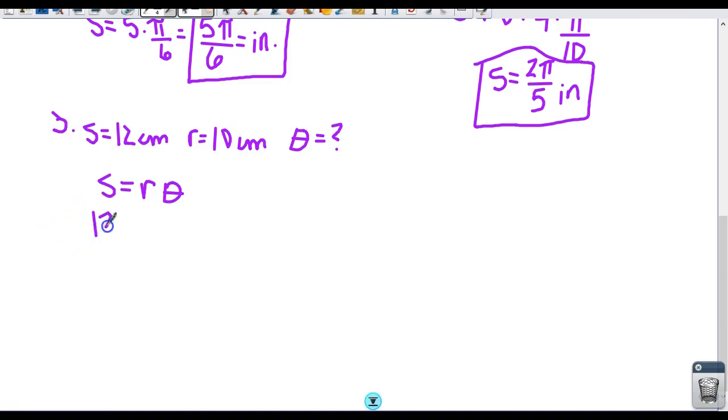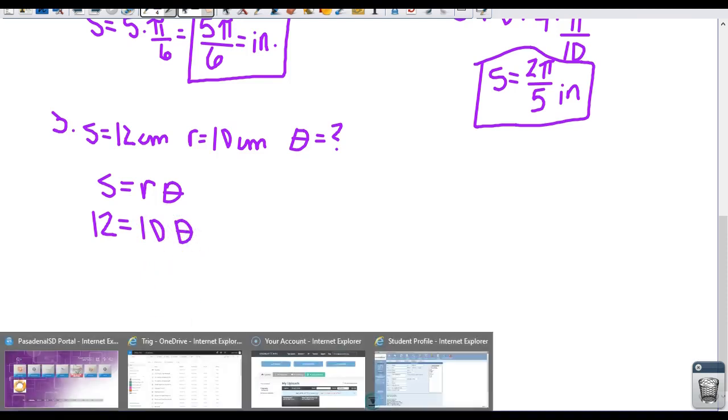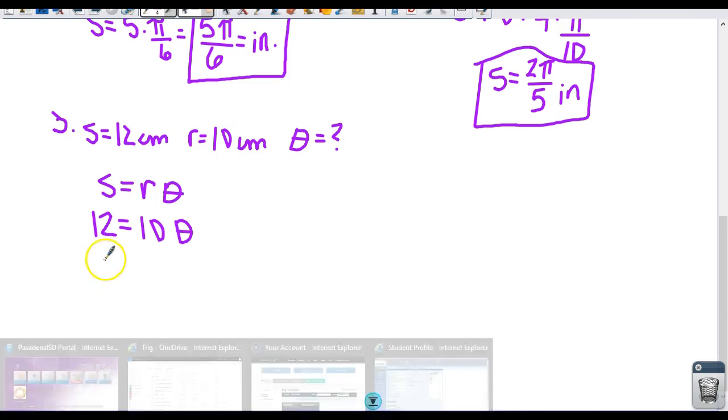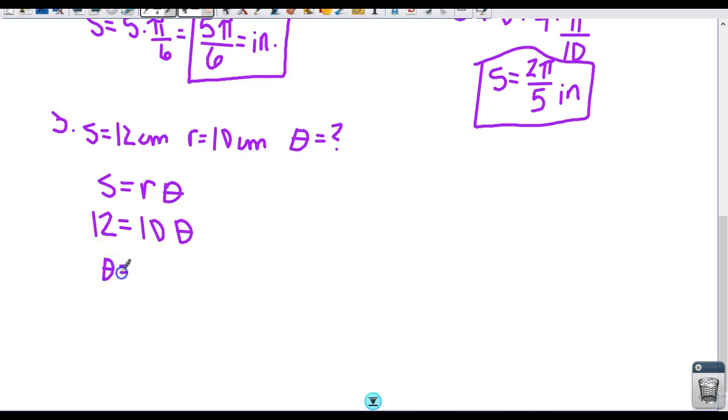Well, I'm going to plug in 12 for S. Do you know the radius? 10. Do you know theta? No. That's what you're looking for. What do you do to solve for theta? Divide, yeah? So theta is equal to 12 divided by 10. What does that reduce to?